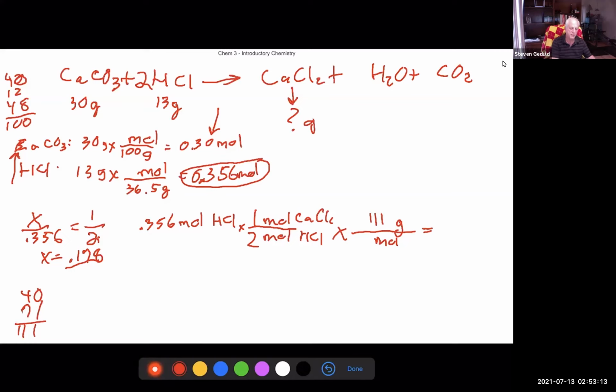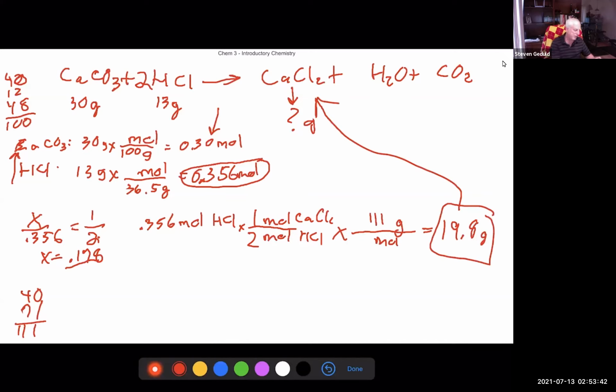So we take 0.356 divided by 2 times 111, which equals roughly 19.8 grams of calcium chloride.